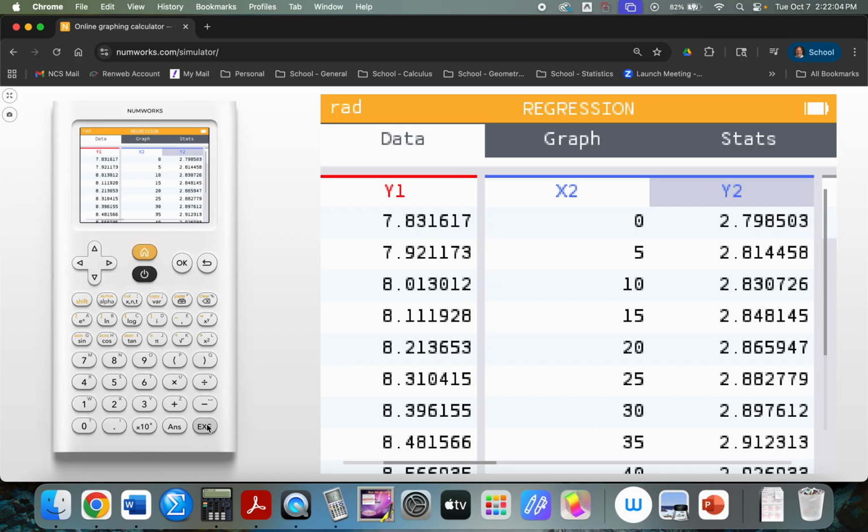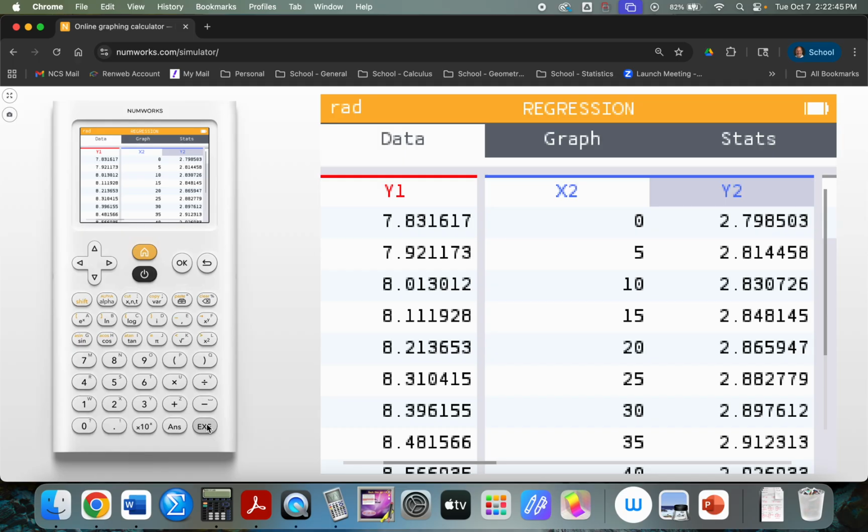And you'll notice you get a new scatter plot that's much lower than the original one. It's a little bit hard to see. I am going to see if I change that to auto. Does that help? Not really. So now when you go to regression, you have a choice, X1, Y1, or X2, Y2.